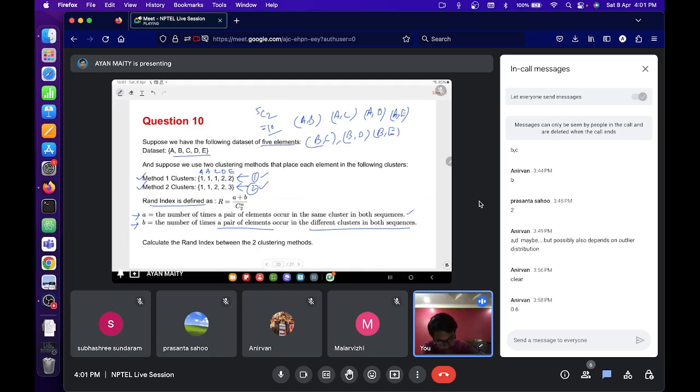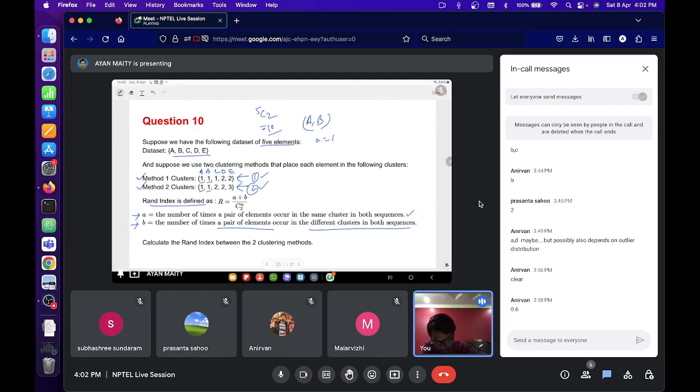If we try to find the value of A, AB is 1 1 in the first sequence and also 1 1 in the second sequence. So AB satisfies this criteria for A. So A is 1 now, and if you go through this, you will not find any other pair which satisfies the condition for A, that both the elements occur in the same cluster in both the sequences.